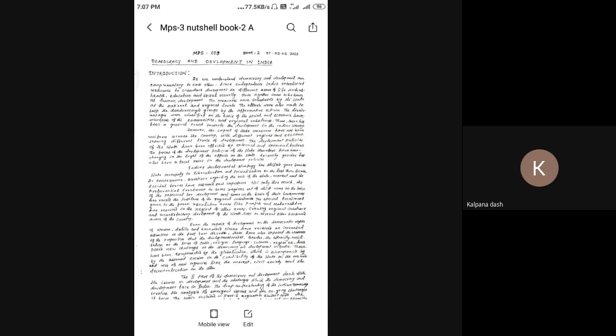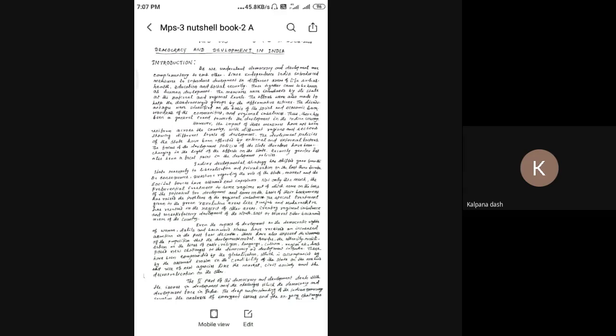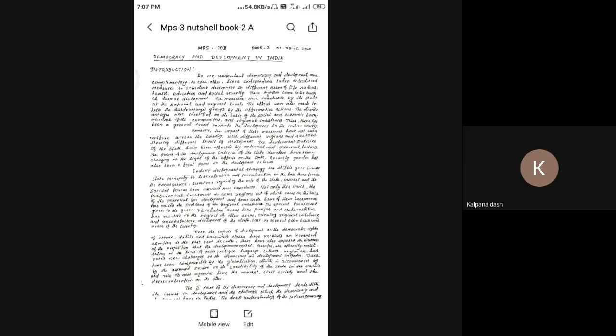before I step into the topics of units 19 to 21, I want to introduce you to democracy and development in India, the second part, and we have already discussed part 1, Book 1.